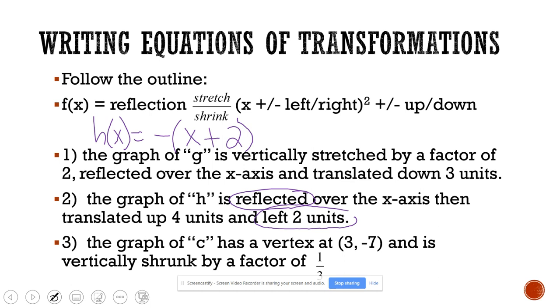Remember, it's always opposites inside the parentheses. So left is plus and right is minus. Gotta have our square there. Don't forget the square. And then up or down, we have up 4, plus 4. And there's our equation.